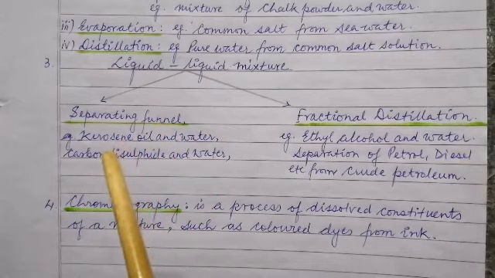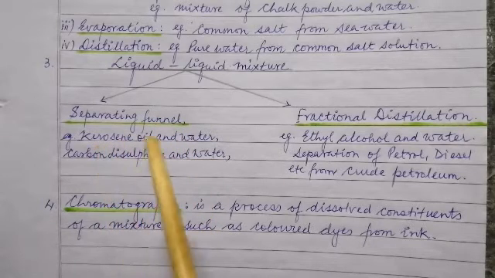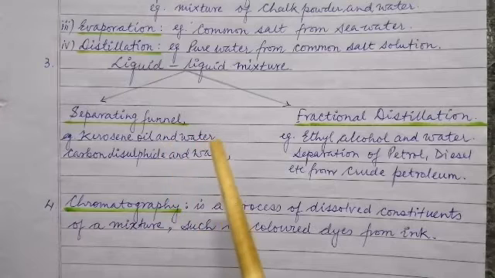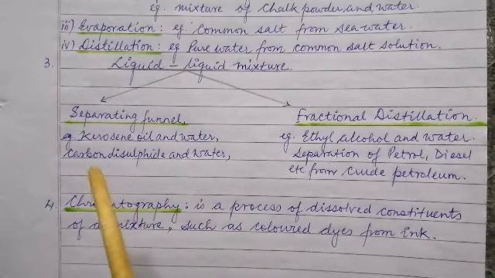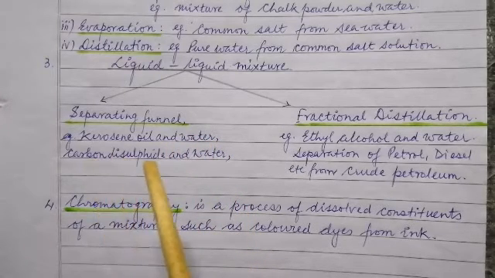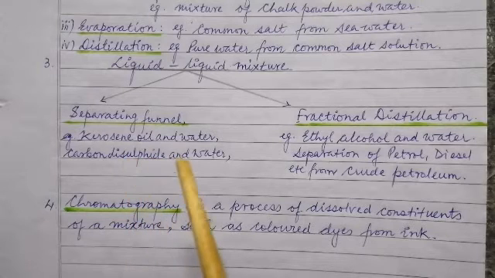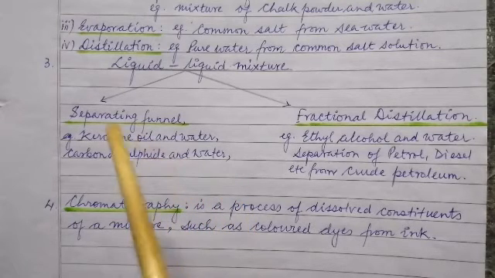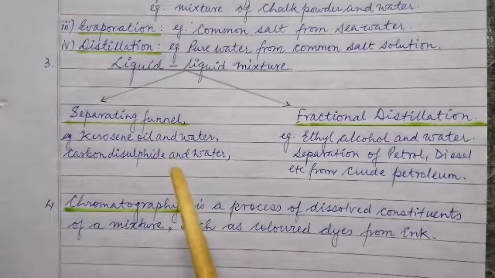I use a separating funnel for separating a mixture of kerosene oil and water. I can also separate a mixture of carbon disulfide, which is a solvent, and water by using a separating funnel.